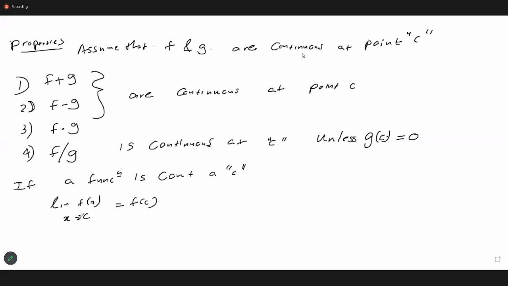This is our theorem, right? So earlier, what we have done, we check this one first, and we can say this function is continuous at point C. But if someone says a function is continuous at a point C, that means we can write the inverse case also. Limit of f(x) when x approaches C should be equal to f(c).